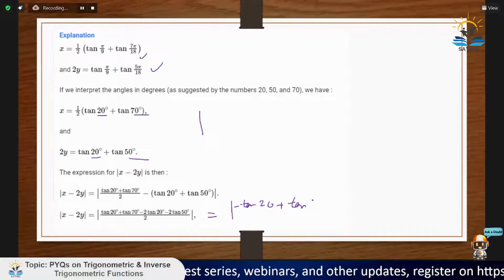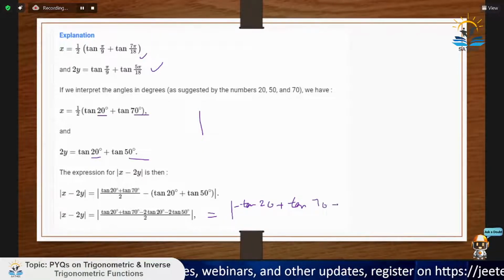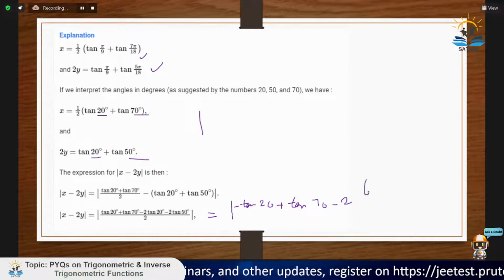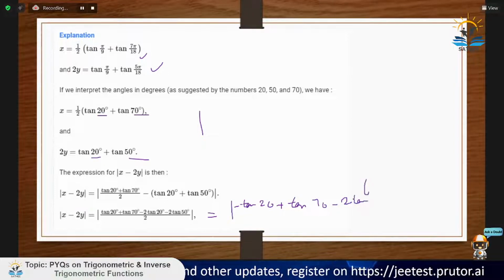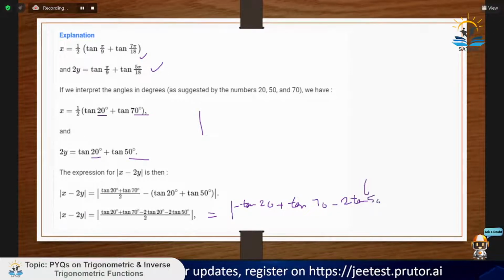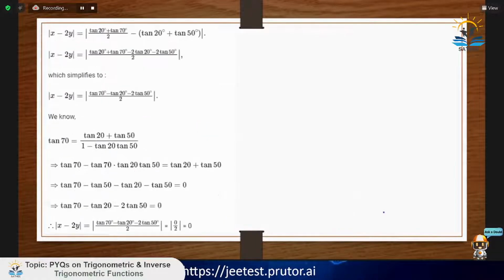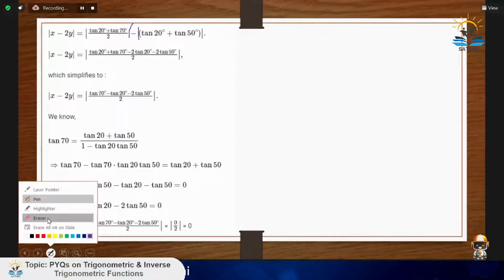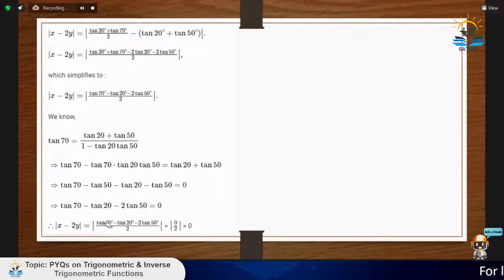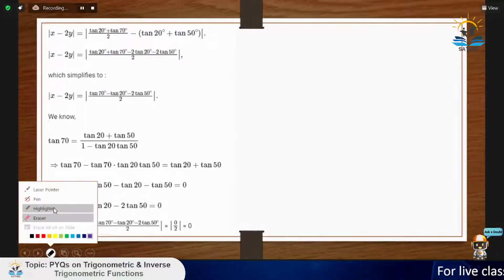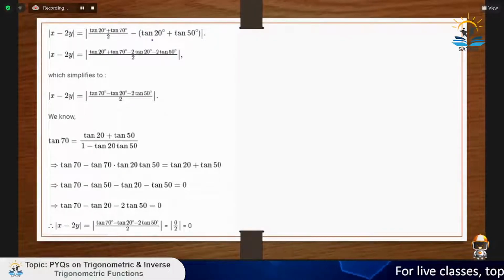Minus tan 20 plus tan 70 minus 2 times tan 50, upon 2. So you will be getting this expression. Okay, now I separate these two in bracket form only, not in mod form. So this is my final expression.